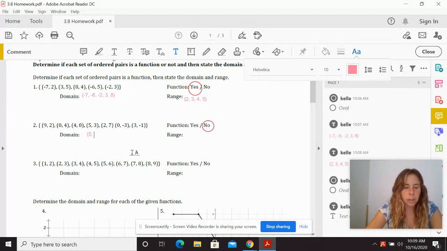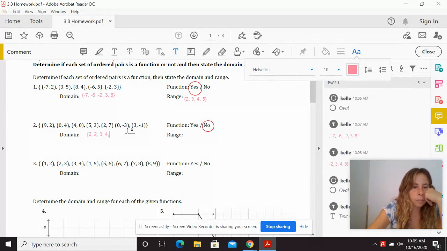And then I have another 0, but I don't have to write it twice. And then I have 2. And then I have 3. And then I have 4. X equals 4. And then x equals 5. And then 9. So 0, 2, 3, 4, 5, 9.